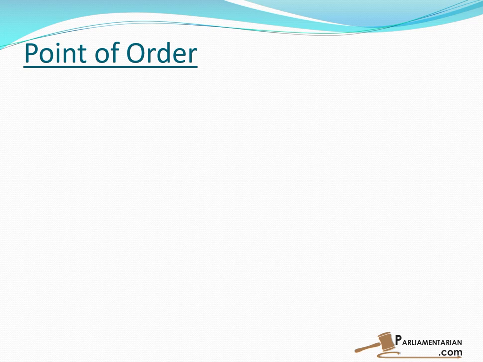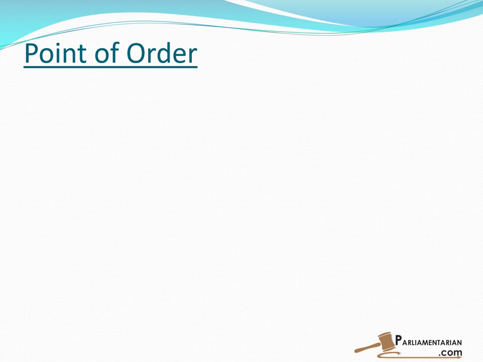If you say you have a point of order, the chair will immediately recognize you. It's a rule that the point of order has precedence over other motions, even over a motion to adjourn, or even over a motion to set the time to which to adjourn, which is the highest privileged motion. The reason is because if we're not following the rules, we need to stop and fix it.